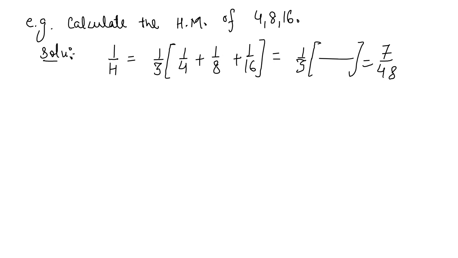Okay, but this is the value of 1 by H, and we want to write down the value of H, because here H stands for harmonic mean. So H is equal to 48/7. Just write down the reciprocal of that. 48/7. This is your answer, or you can calculate this value in decimals. Seriously clear?